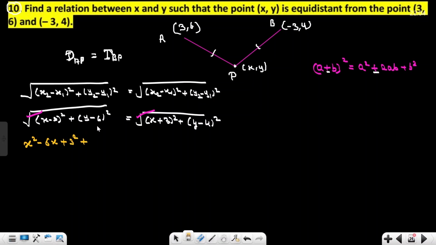Plus now open y minus 6 square: y square minus 12y, plus 6 square, is equal to x plus 3 square, which is x square plus 6x plus 3 square, plus y minus 4 square, which means y square minus 8y plus 4 square.